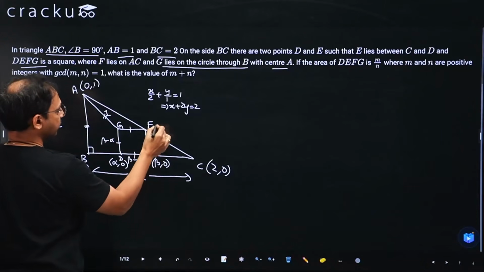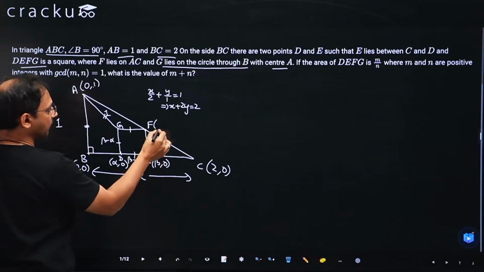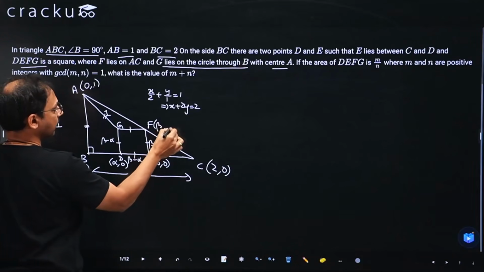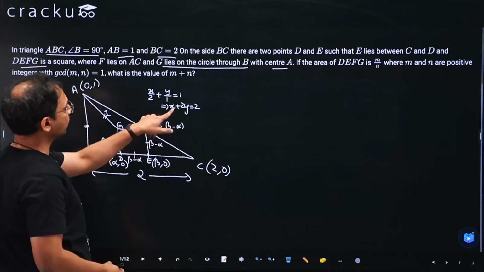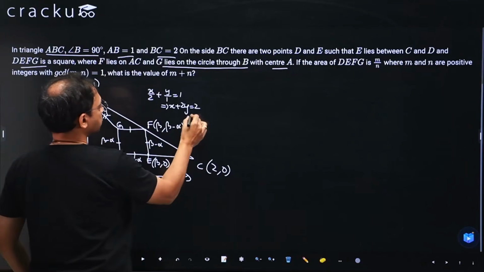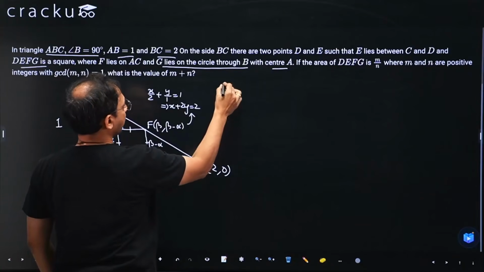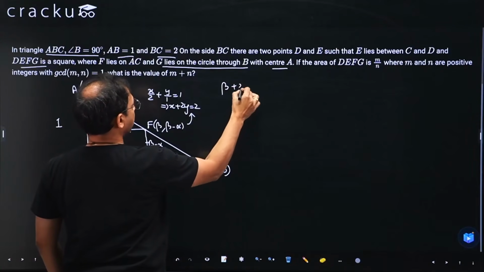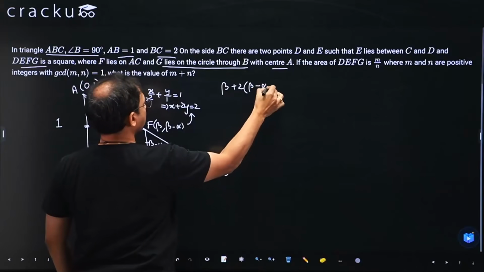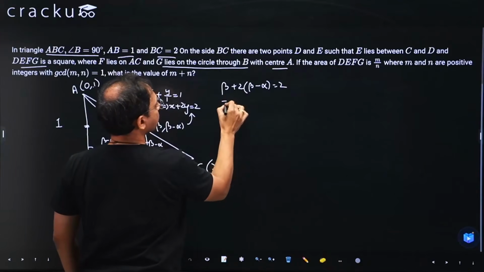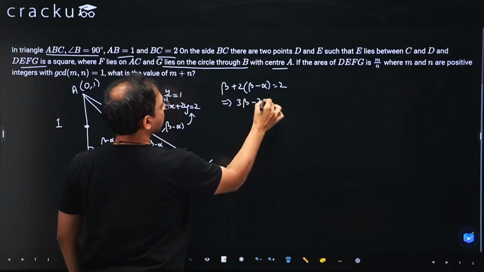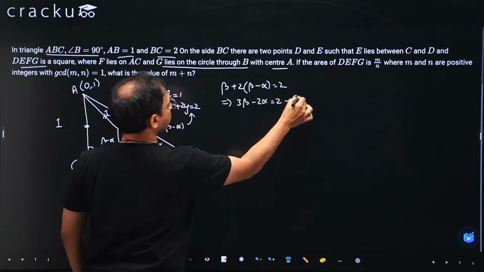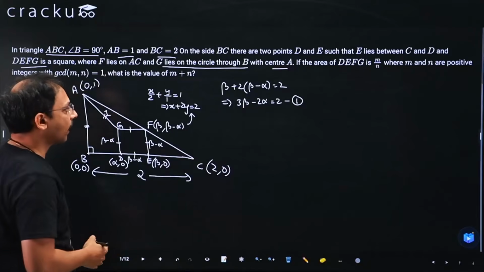So what will be F? F's x coordinate will be beta, y coordinate will be beta minus alpha. This point should lie on this line. So substitute into x plus 2y is equal to 2, or 3 beta minus 2 alpha is equal to 2. We got one equation in alpha and beta.